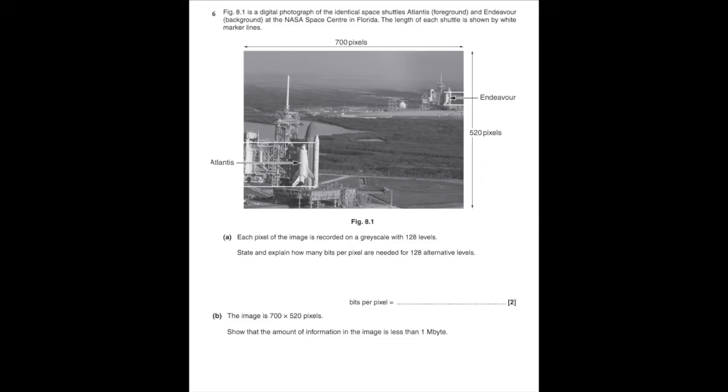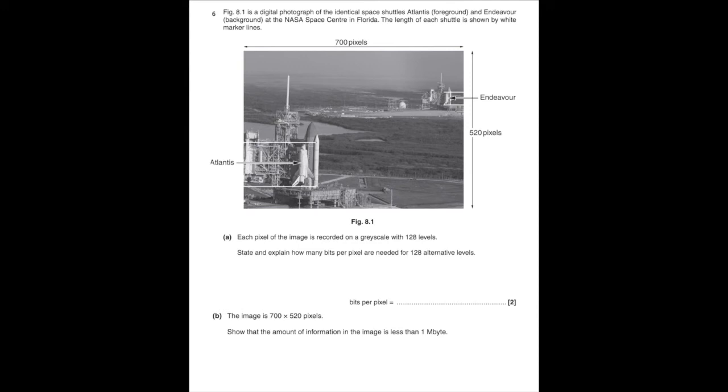Okay, so another one looking at pixels and resolution of images, this time in the context of the Atlantis and the Endeavour. So first up, state and explain how many bits per pixel are needed for 128 alternative levels. So basically that question is saying how many and how did you get to that answer. All right, so we know that we've got each pixel coded with 128 levels.